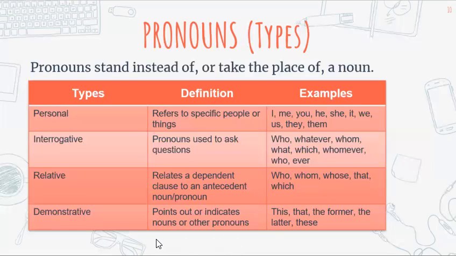Demonstrative pronouns point out or indicate nouns or other pronouns. Examples are this, that, the former, the latter, these. This is older than that. Mine are better than those. These are all demonstrative pronouns.